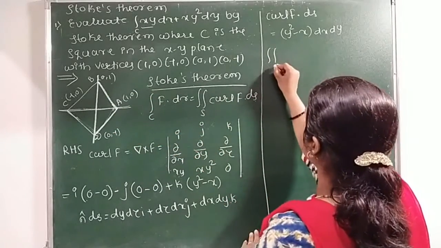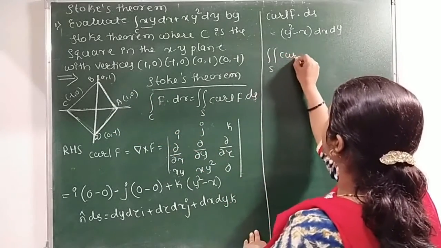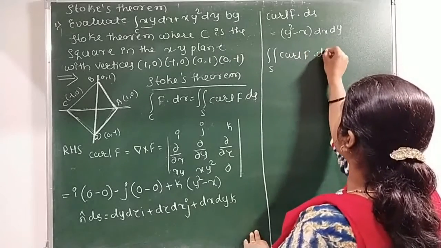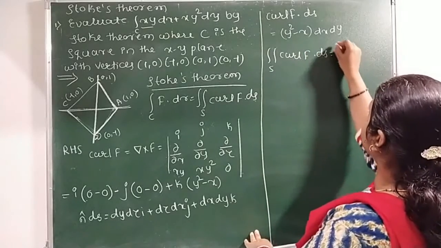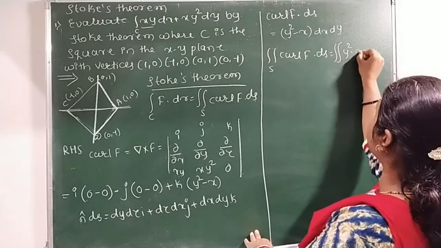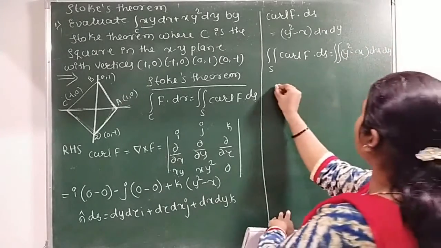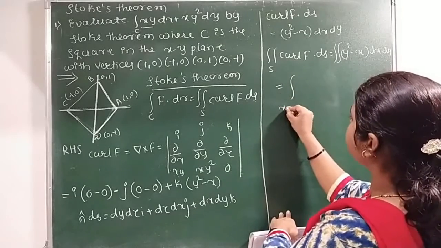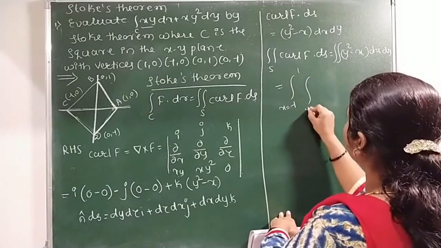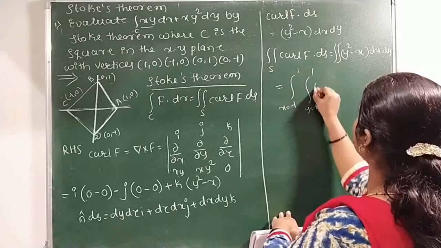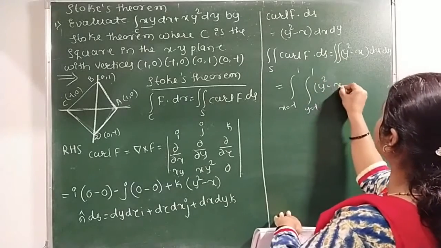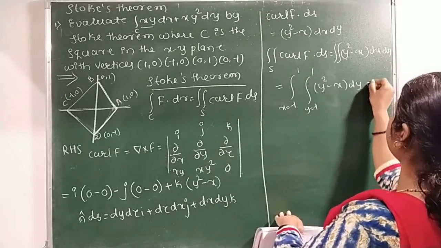That is double integration over S of curl F dot dS is equal to double integration of y square minus x dx dy. Now we have to change the limits here. x from minus 1 to 1, y from minus 1 to 1, y square minus x dy dx.